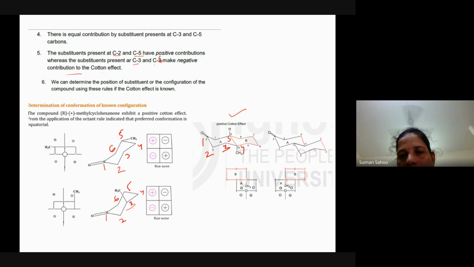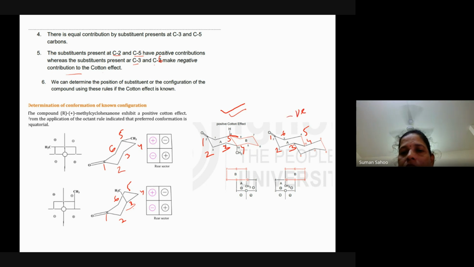You have a substituent at C5, so it should give a positive Cotton effect. But in this case, 1, 2, 3, 4, 5, 6, you have a substituent at C3, so that gives a negative contribution, a negative Cotton effect.